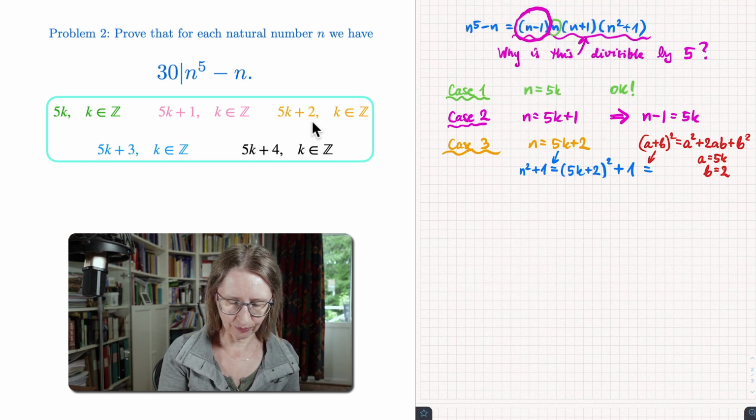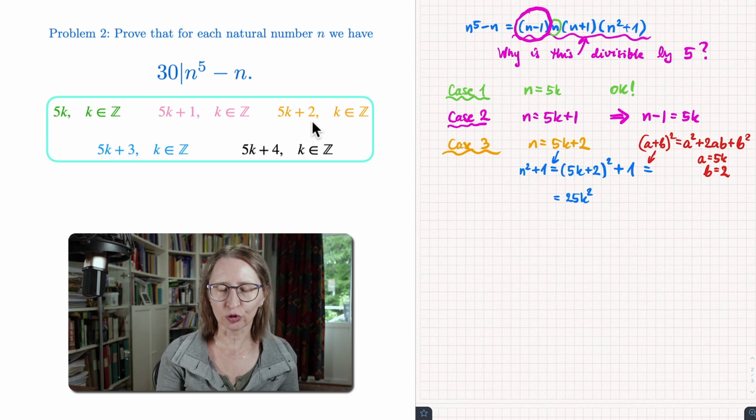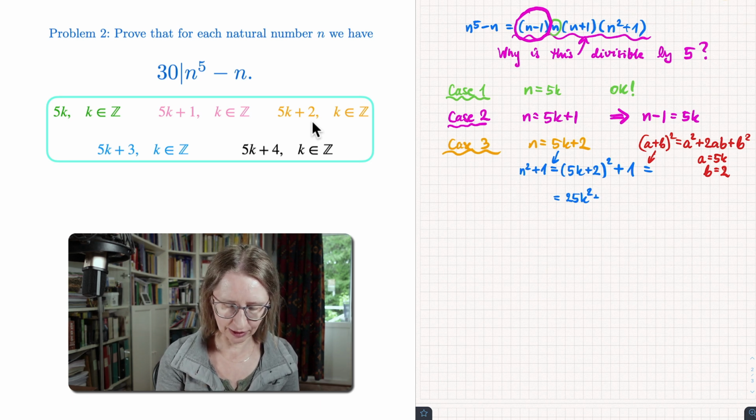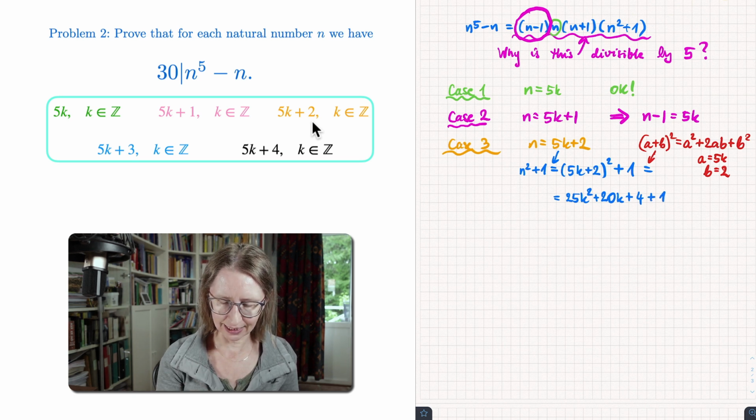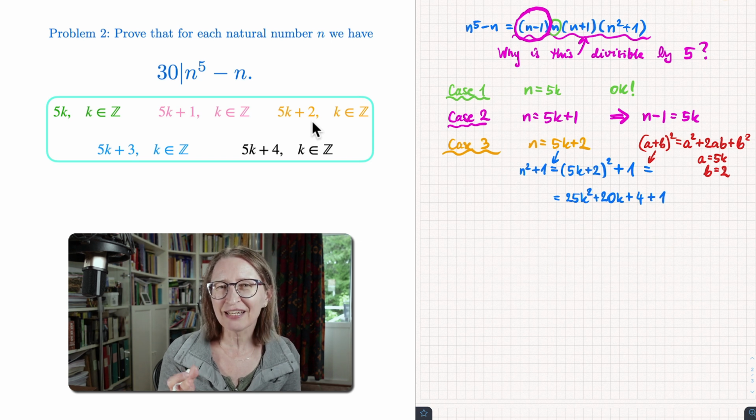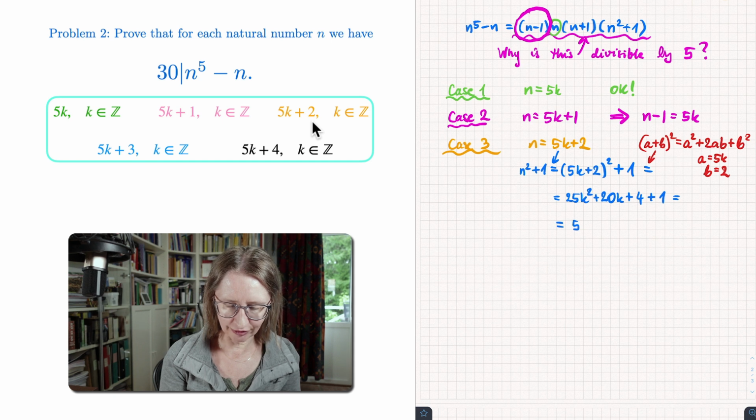So what do I get? I get first, the square of the first one will be 25k squared, then doubled product, 2 times 2 is 4, times 5 is 20k, and plus 2 squared is 4, and then I still have plus 1. And you see 4 plus 1 is 5, so I can actually factor out 5 here, and here I will get 5k squared plus 4k plus 1.